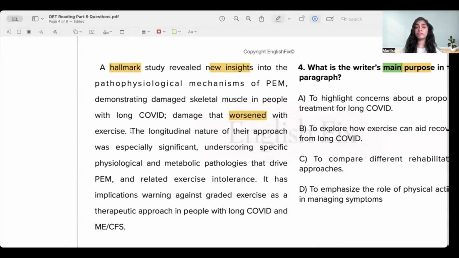Okay, so they've highlighted something with the important study: the longitudinal nature of their approach. Longitudinal nature, that's a long-term study of their approach, was especially significant. Look at the word especially, particularly important.